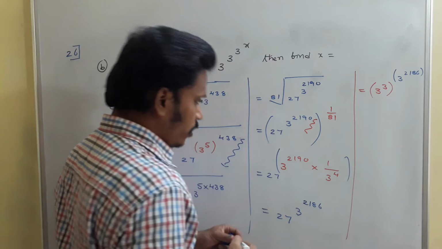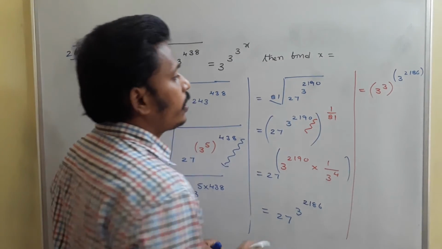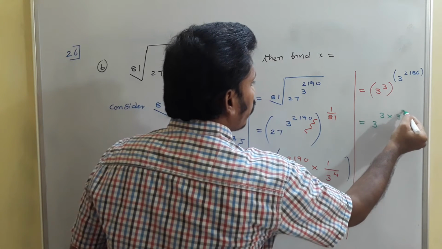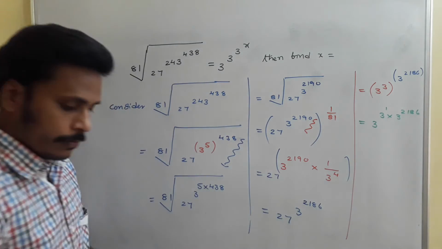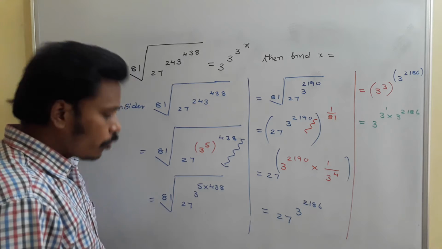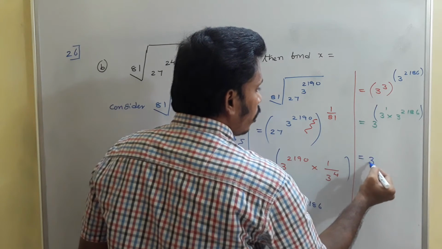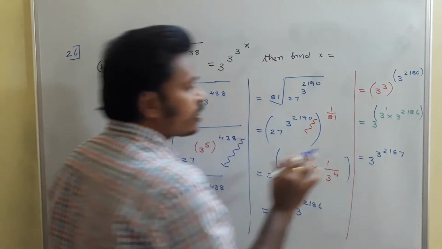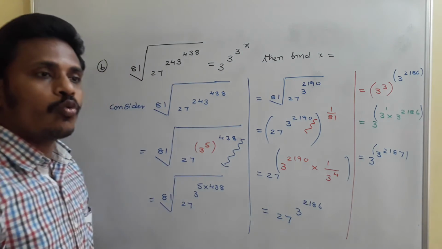So this is equal to 3 to the power 3 into 3 to the power 2186. This is 3 power 1 actually, since we are multiplying these two. And now just have a look. What is this part? So this is equal to 3 power 2187. The base 3 is same, and this bracket on simplification is 3 power 2187.